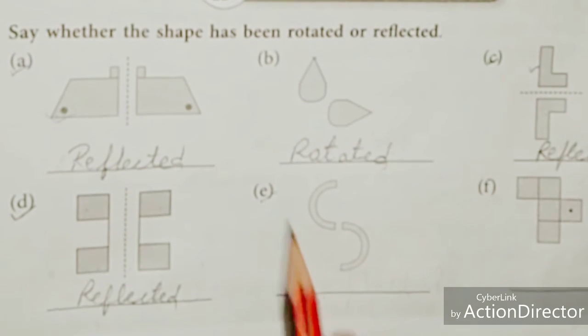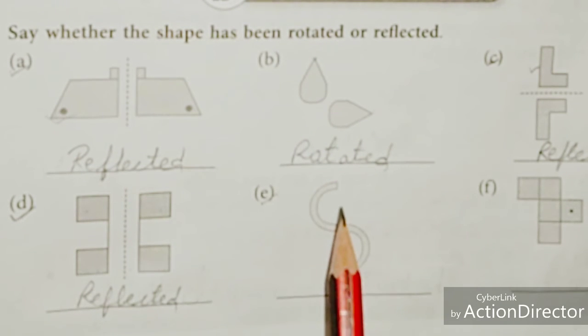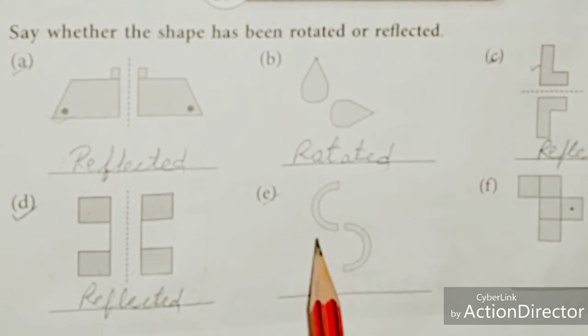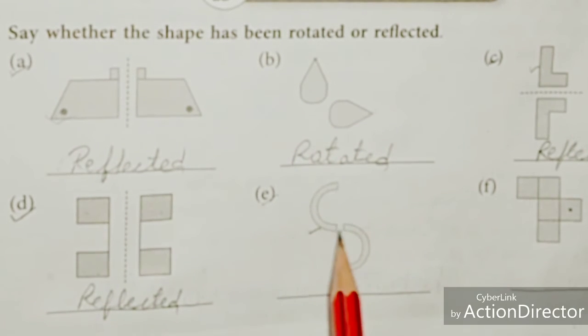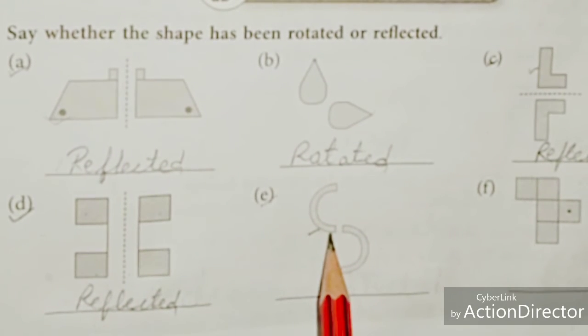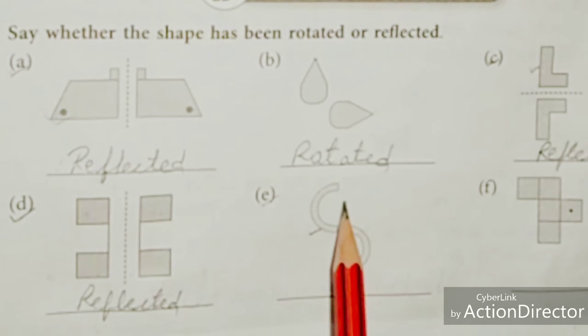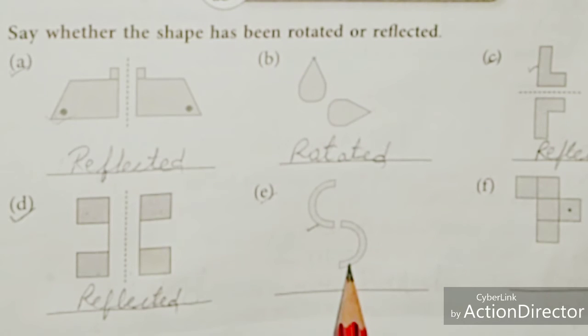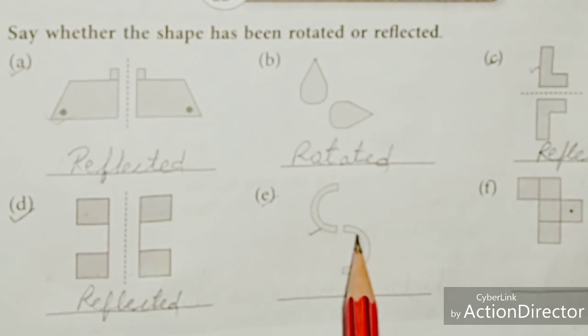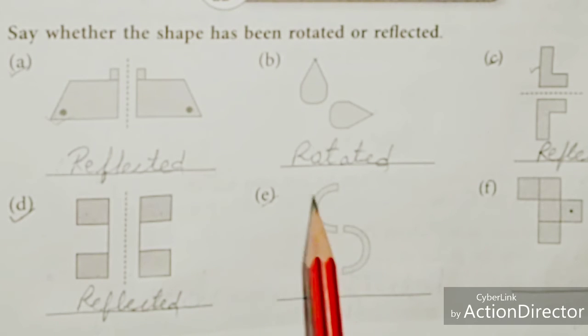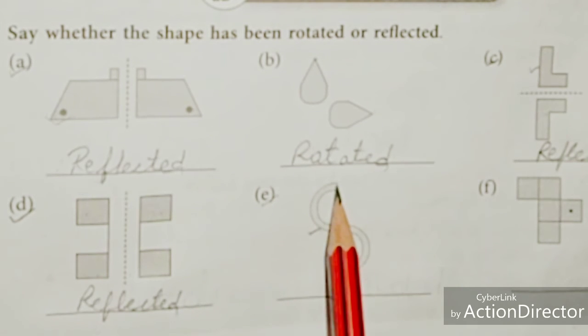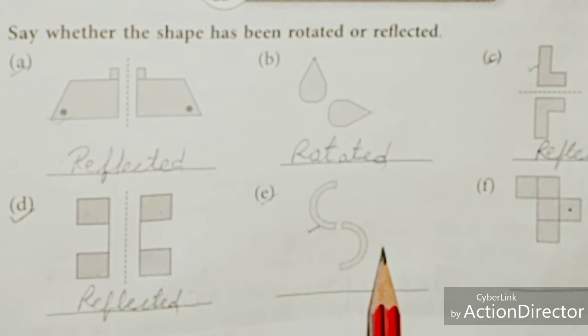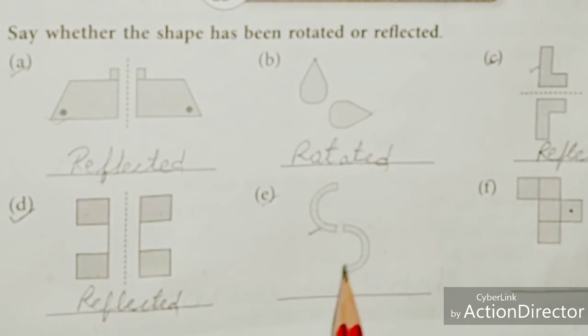Now example number E. This shape also looks like the alphabet C, but when it moves from this side to this side, it is rotated, because when it moves 90 degrees, it shifts from here to here, and when it moves another 90 degrees, it shifts from here to here.